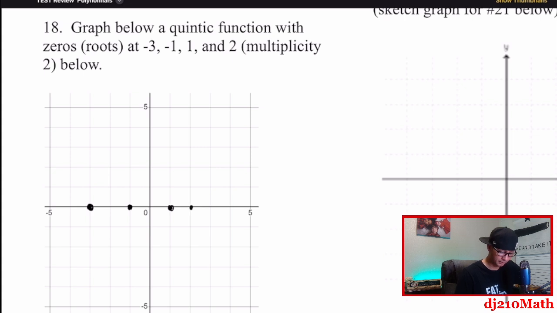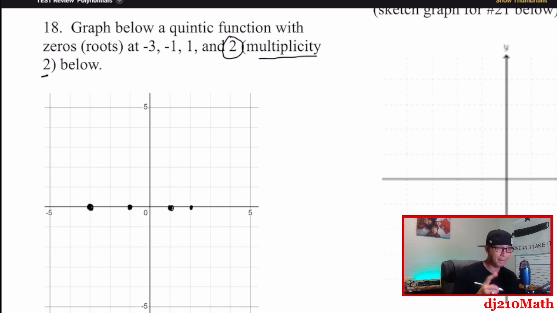Multiplicity of 2. So that means that this root 2 is squared. It's going to show up twice, meaning the graph is going to bounce. So graph below a quintic function. All right.